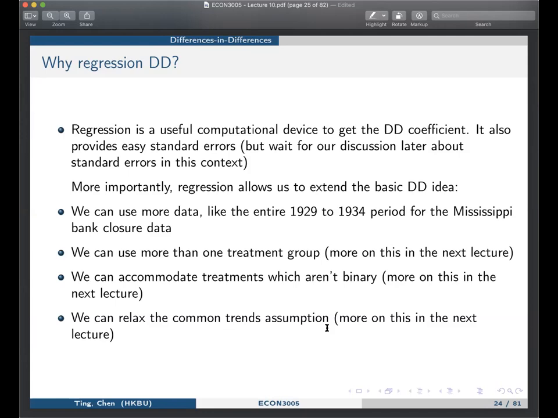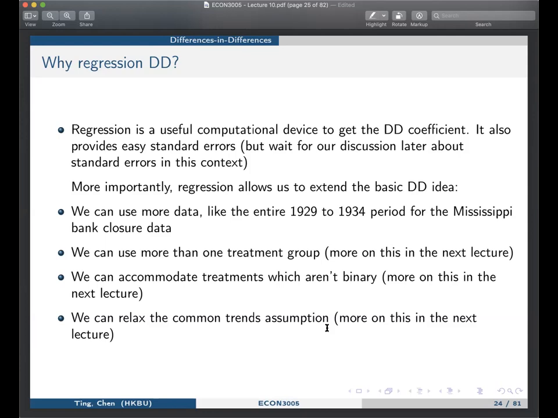And third, it can accommodate treatments which are not binary. Now we actually have the treatment on or off, so the treatment is a binary variable. That's why we can compare the mean difference between those that have and have not.